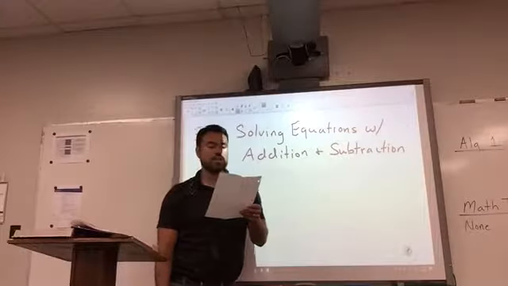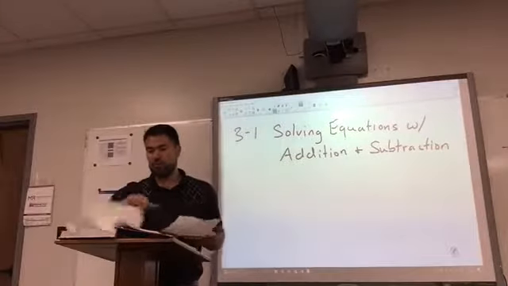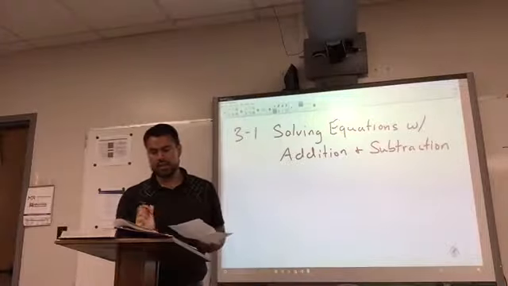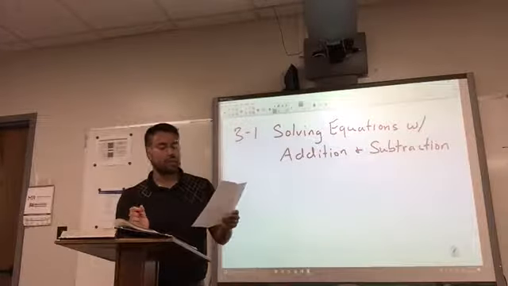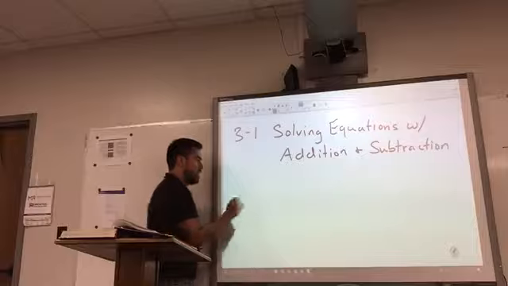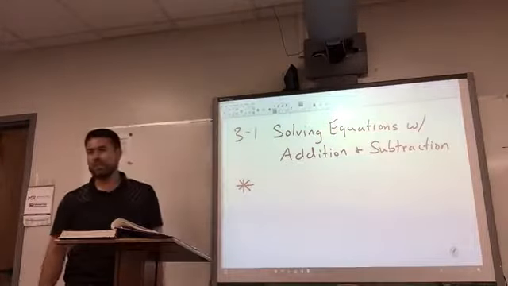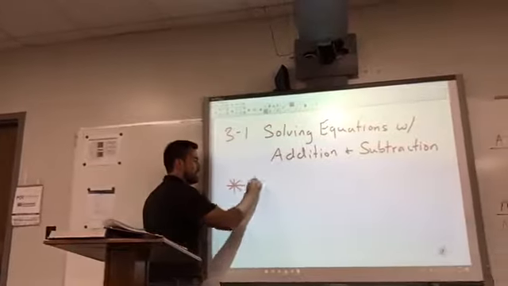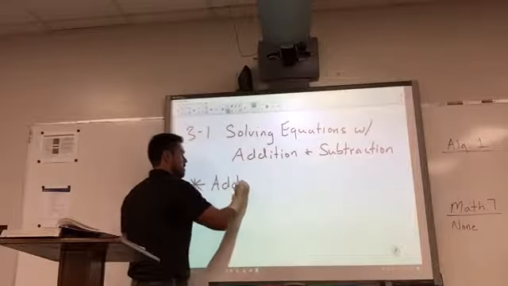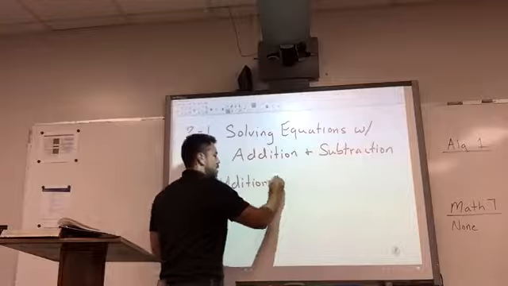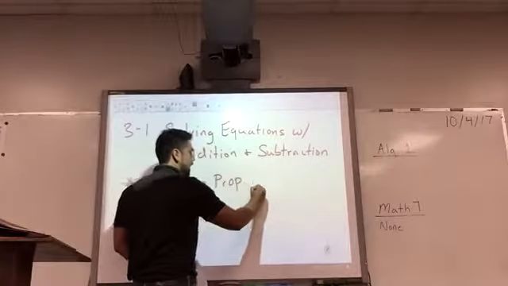Okay, so let's look at page 144, first lesson of solving linear equations. And we're going to talk about two properties today. The first property, which with an asterisk means it's very important, is called the addition property of equality.